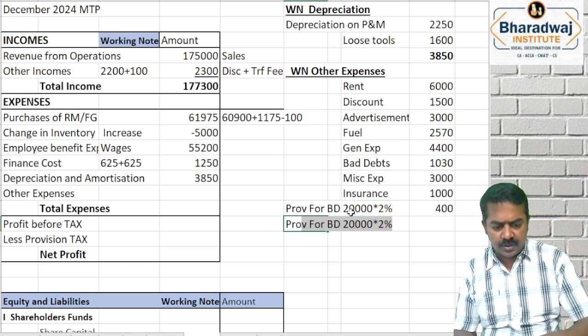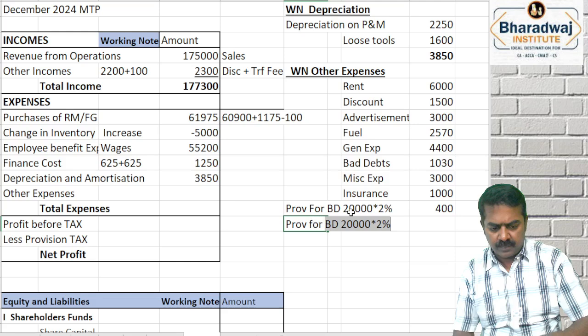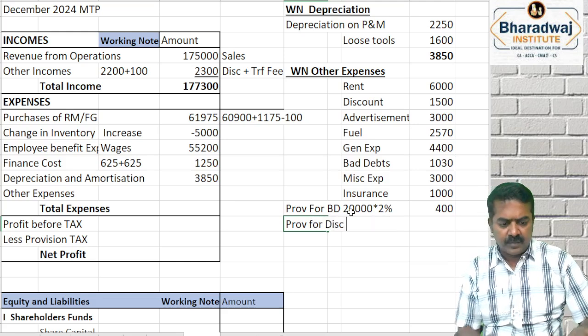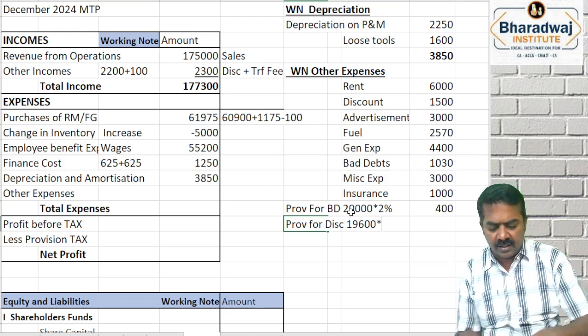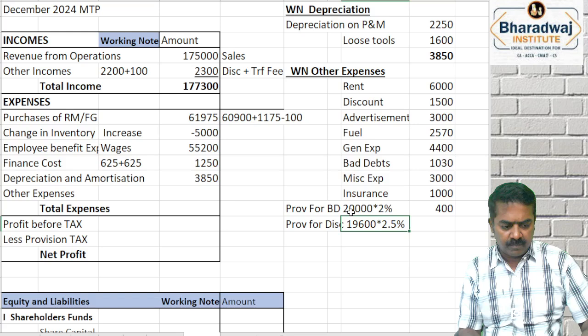Then provision for discount. After eliminating the 400 from 20,000, we get 19,600, into 2.5%.